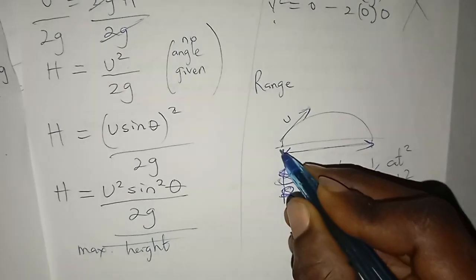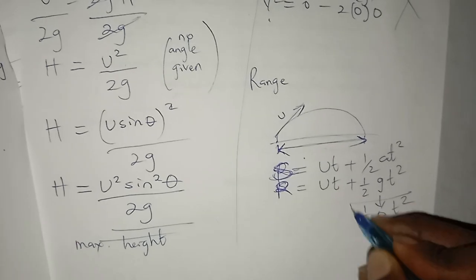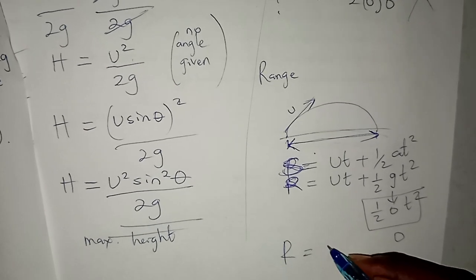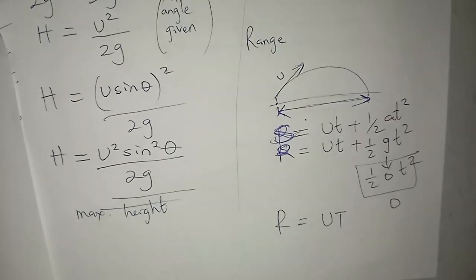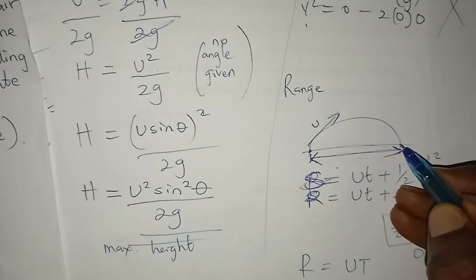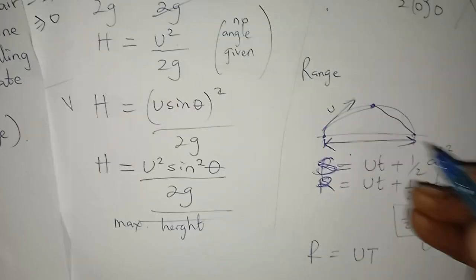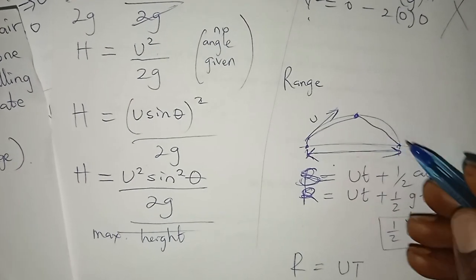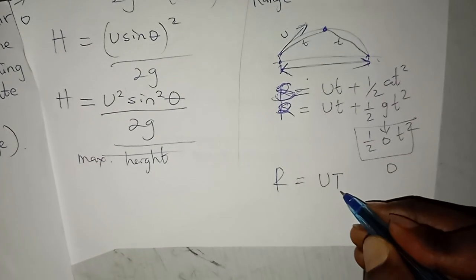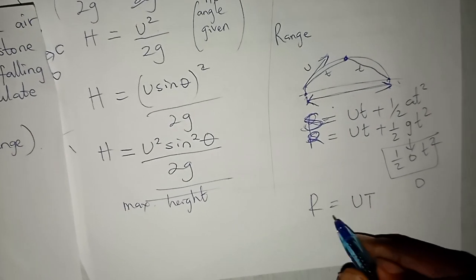Notice that there is no g on the horizontal axis, so this will be 0, and everything here will be 0. So r is only equal to ut. And remember that the time we are talking about here is the time to move from this point to this point, the time to move up to here, then come down here. That is t, the time of flight. That is why I use this. We've not derived time of flight yet. When we derive time of flight, we'll come back and put it here.